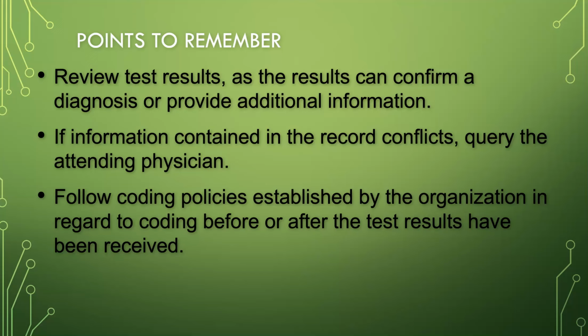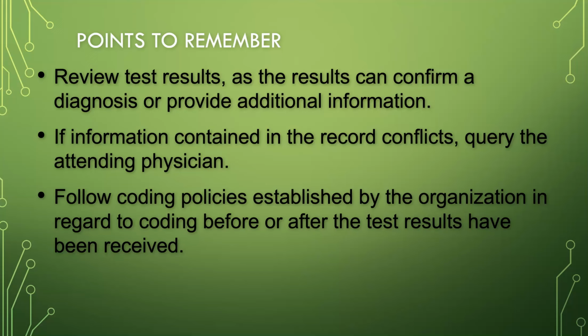Now, if there's conflicting information in the medical record, we have a process called query, and that is simply asking the physician for clarification. I'm also going to do a separate video on queries because there are right ways to query and there are incorrect ways to query the physician.